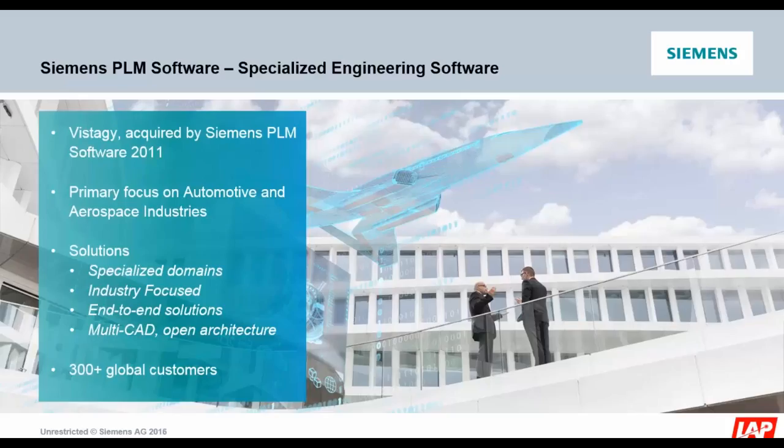Those solutions are end-to-end solutions, very synergistic with the rest of Siemens PLM software, and we maintain a multi-CAD and open architecture with all of our solutions, so they don't just work with one particular CAD solution or one particular analysis or manufacturing solution, but we try to assist our customers in achieving an end-to-end process with that open architecture, no matter what their engineering tools are.